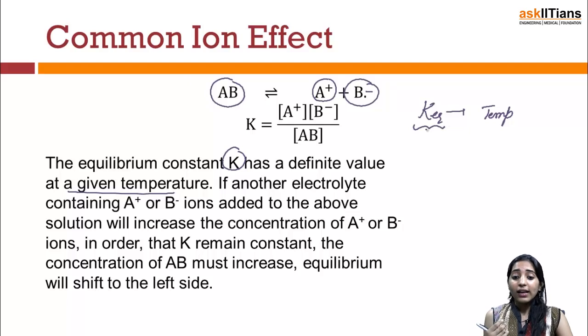Now, if any other electrolyte which contains A positive or B minus is added to the above solution, that means there will be an increase in the concentration of A positive or B minus, but we said that the temperature is kept constant and K equilibrium is another constant. So the values of all the species A positive, B minus and AB have to change in such a way that the entire K value remains a constant. So the concentration of AB must increase and hence the equilibrium will be shifted to the left hand side.